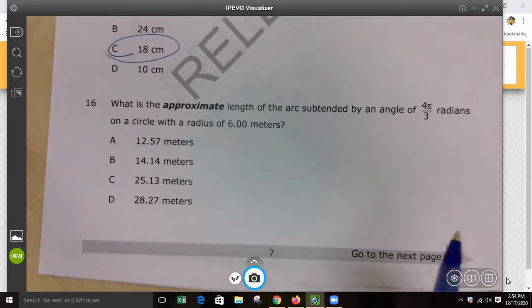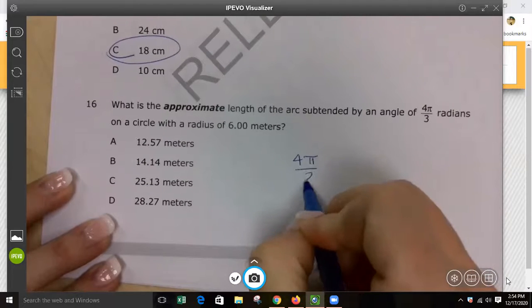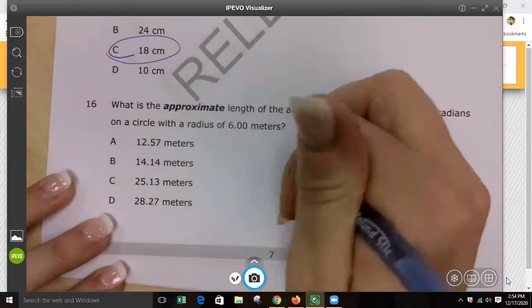Let me see what I got. All right, I didn't use the radius at all. Yeah, I did.